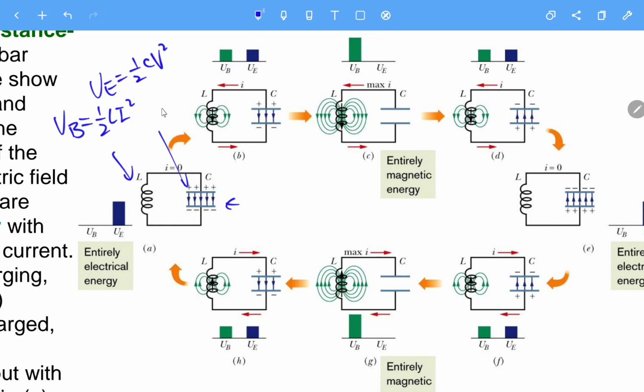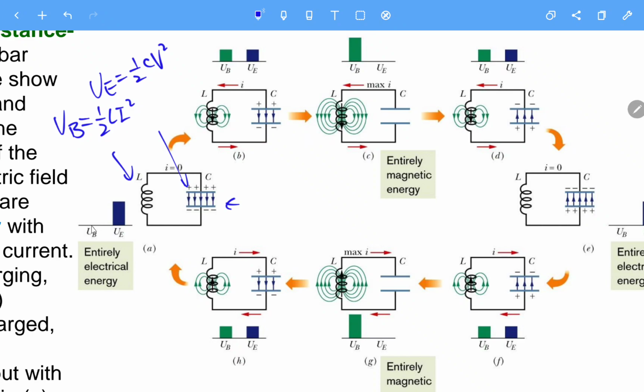Okay, so we assume that at the beginning all of the energy is stored in the capacitor, which means that there is no current, only the voltage across the capacitor. In that case, the energy of the capacitor will go out and charge the inductor. So there will be current in this direction, counterclockwise.